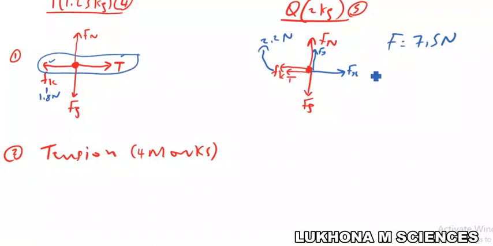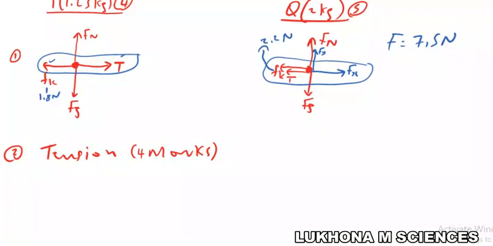Here we have only two forces, tension and friction, and the only unknown is tension. But here we have tension, Fx and friction, so two unknowns on this side, meaning that we must start with P to get the tension.